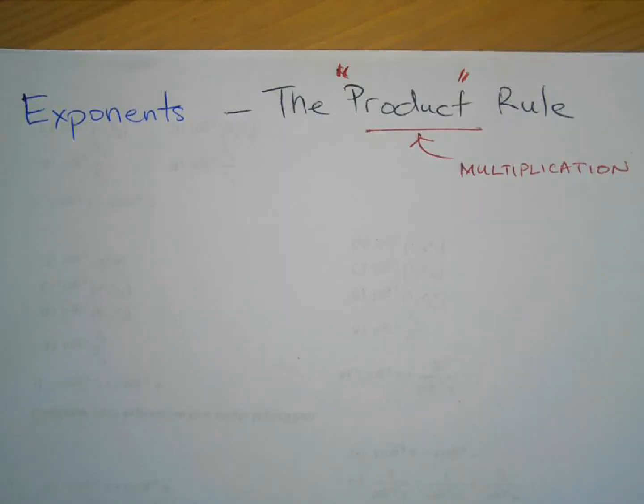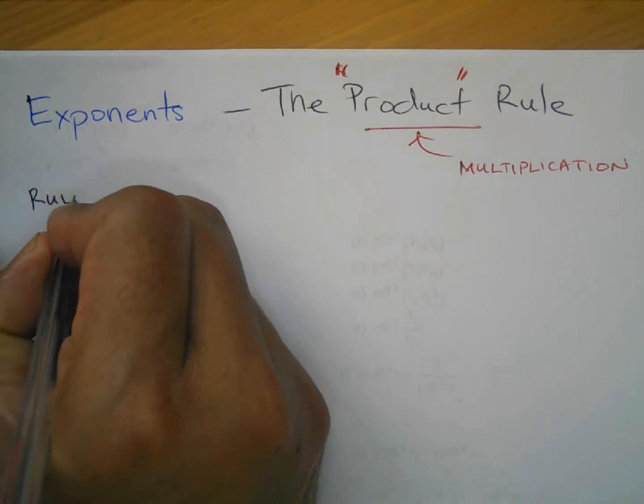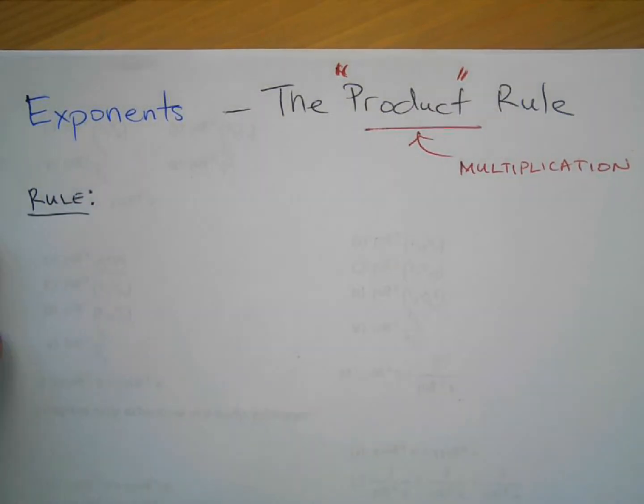And from the earlier video, it was explained and understood that, here's the rule, they use different bases and exponents.